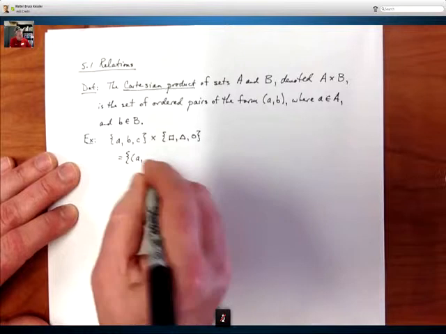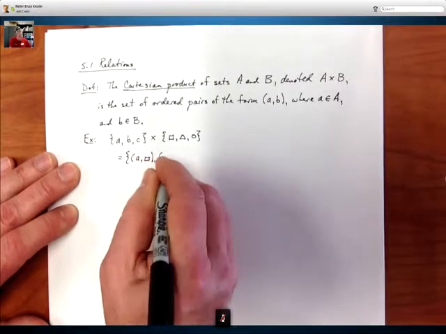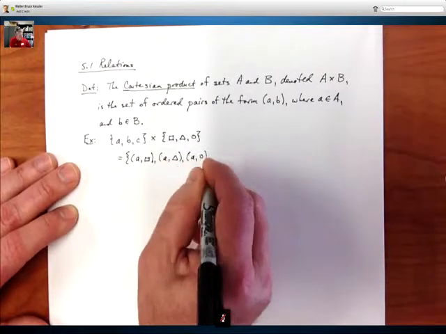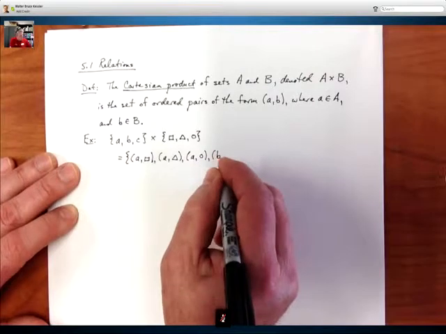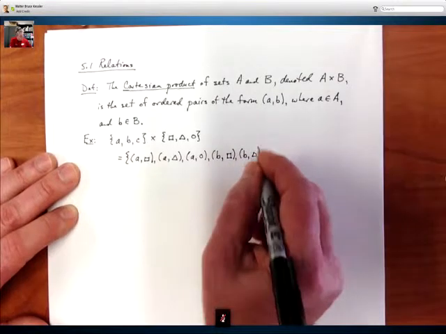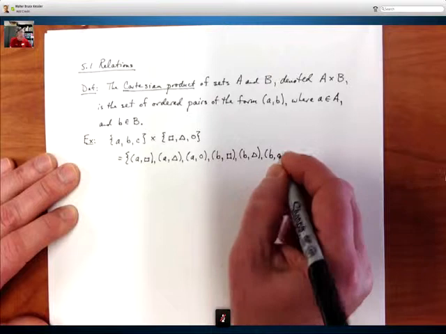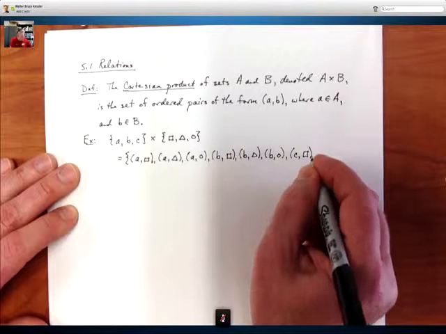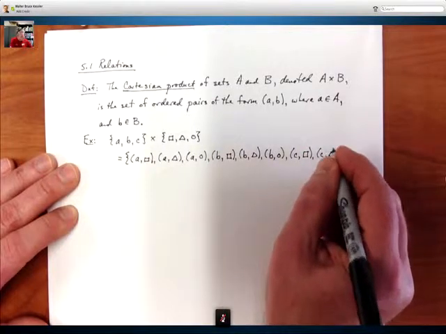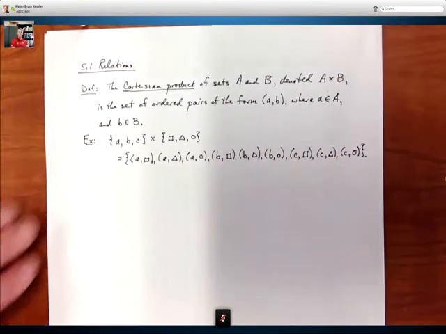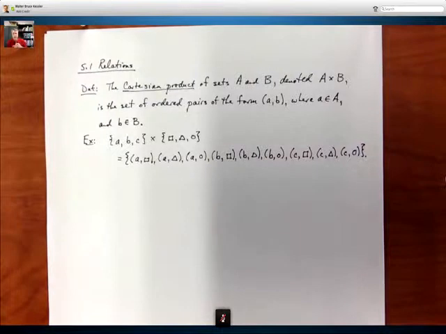Well, I got A square, A triangle, A circle, and then B square, B triangle, B circle, and then C square, C triangle, and C circle. So that's what we're talking about when we talk about the Cartesian product.